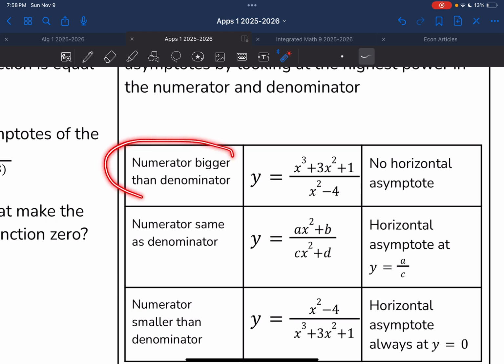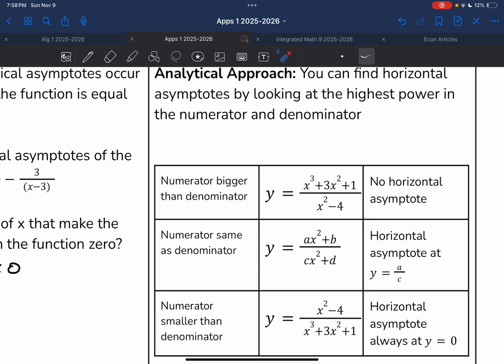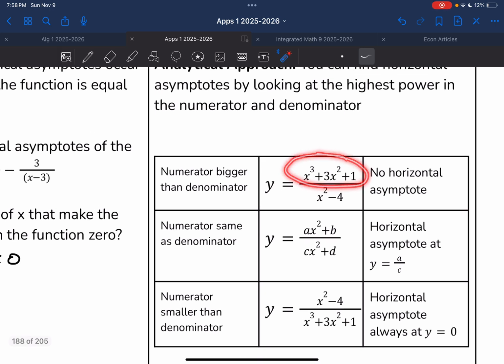And so whenever the numerator is bigger than the denominator, you're not going to have a horizontal asymptote. The reason for this is because the top is getting bigger at a faster rate than the bottom. So as x gets really big or really small, we're not going to trend towards any certain value. We're going to go off to infinity or -infinity.